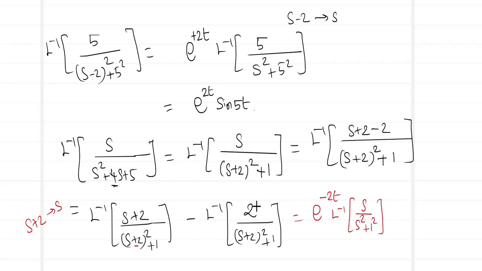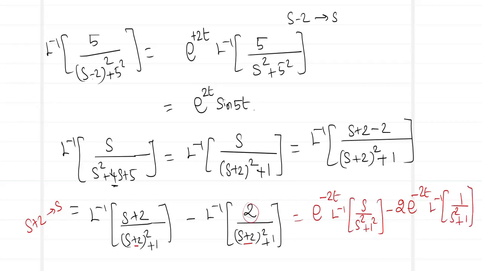Now, over here, this is a mere constant which can be taken outside. So that comes outside as 2 times, and this will be 1 divided by s plus 2 the whole square plus 1. So if this s plus 2 is shrunk back to s, it comes outside as e power minus 2t, leaving you with Laplace inverse of 1 divided by s square plus 1.